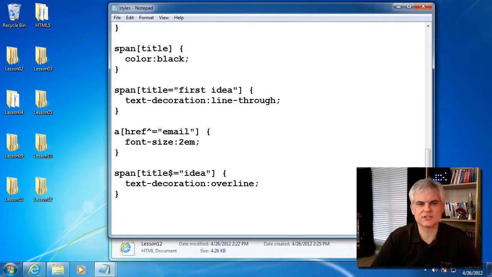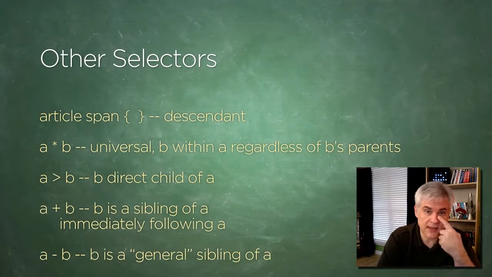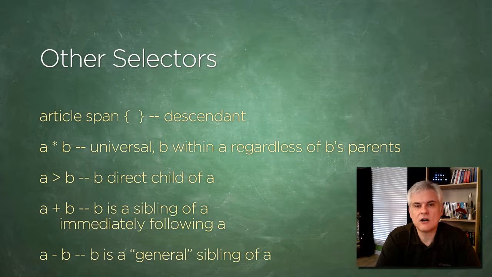Okay, and there's several others that I just didn't take the time to incorporate into this example. Let me just pop them here on screen. There are descendants. So in this case, article span, it would select all span elements that are descendants of article, as opposed to span elements that are descendants of section or some other tag.